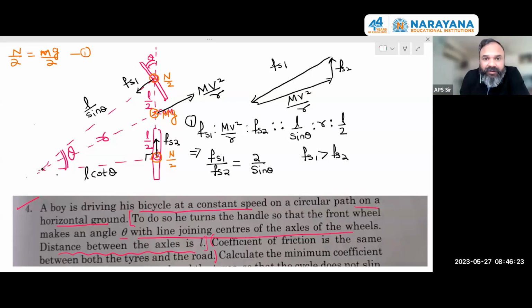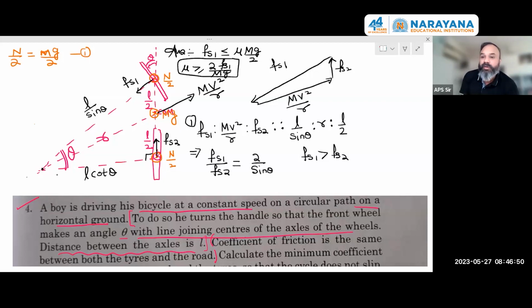So basically, the answer to the question lies in the equation that I have to ensure that Fs1 should be less than or equal to mu into N there, which is mg by 2. And this mu should be the overall limiting mu. So from this equation, whatever mu I get, so if I write mu is greater than or equal to 2 Fs1 upon mg, this should be the answer to the question, because this question was, what is the minimum coefficient of friction which is required?